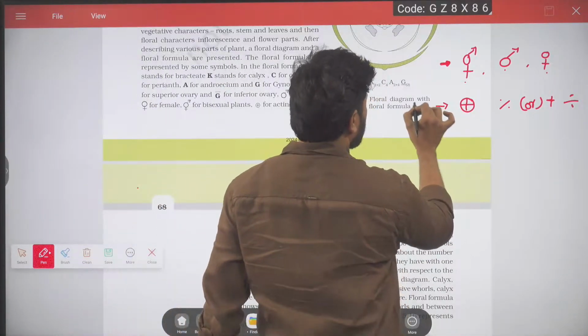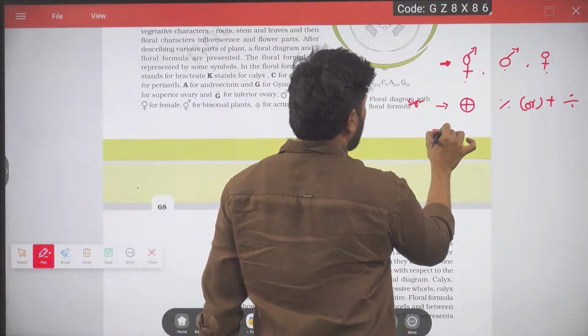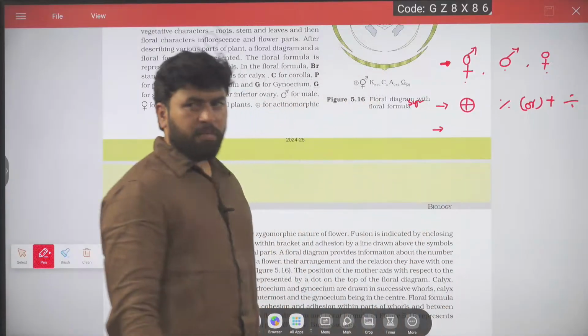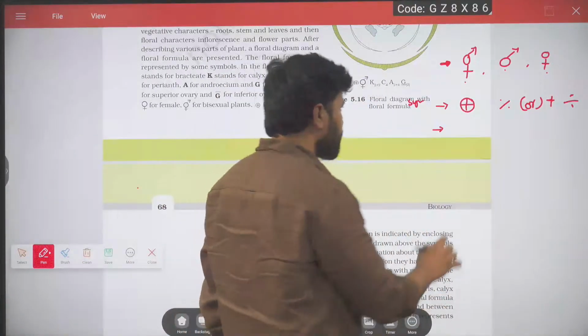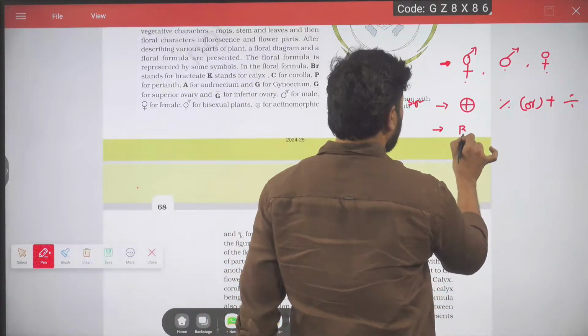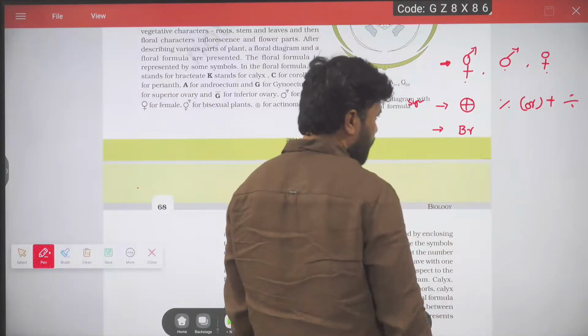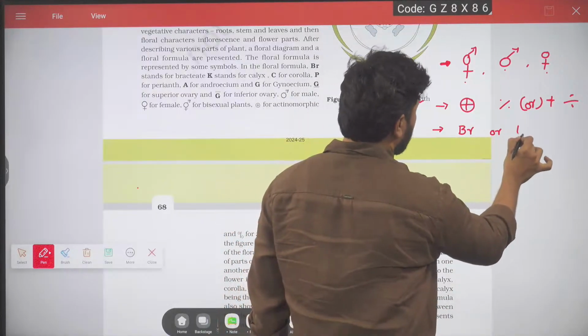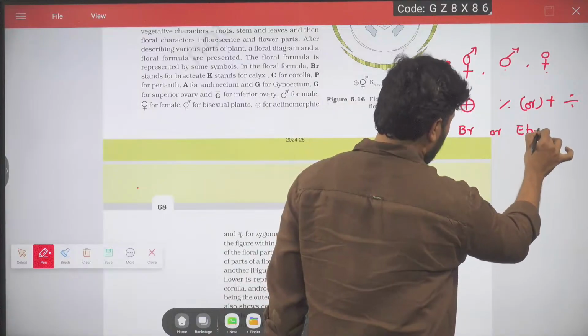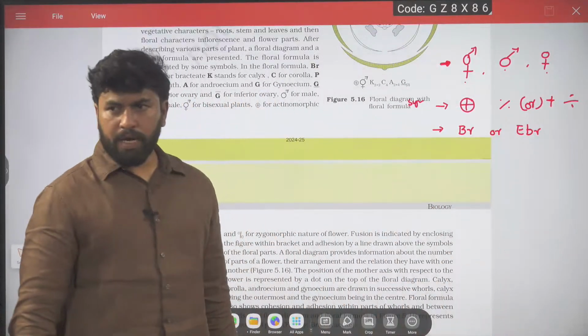This is about symmetry. Next, if you are talking about floral features, first one, bracts. If a flower has bract, BR, which does not have bract, EBR, ebracteate. You know bracts?